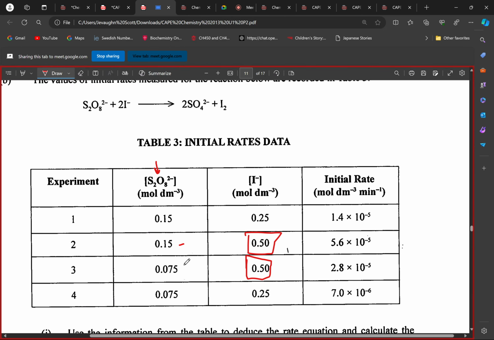So how does the concentration change here? It doubles, right?